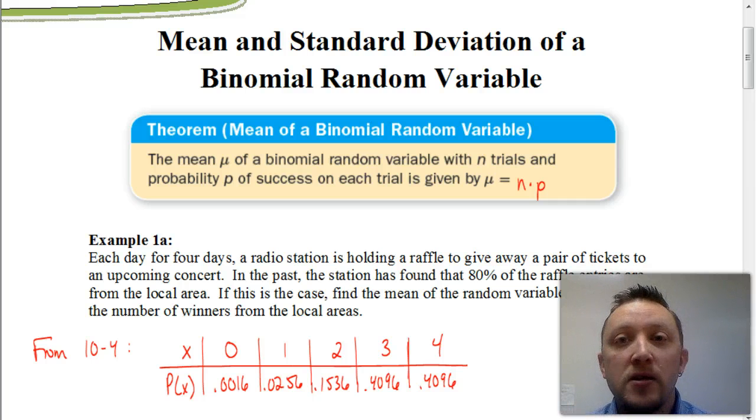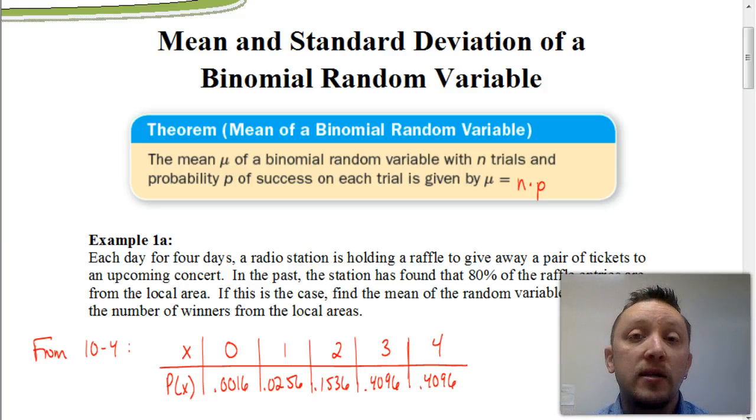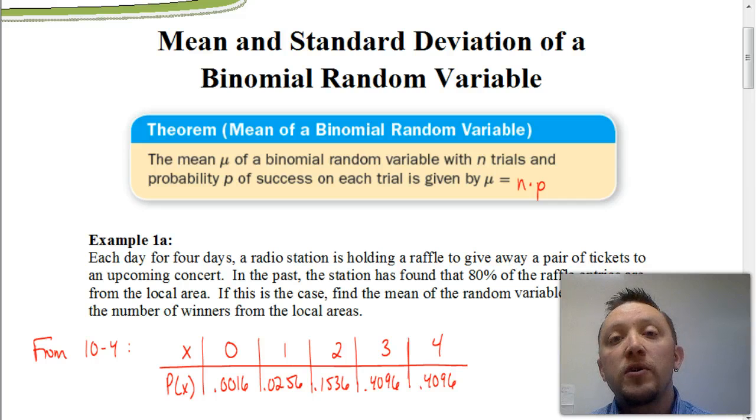I'm sorry that we had to wait this long to show you this, but now you're going to be able to see a simpler process that we can do to find the mean and standard deviation for a binomial distribution, for a binomial random variable. Now, it's important to recognize that these only work for binomial random variables.